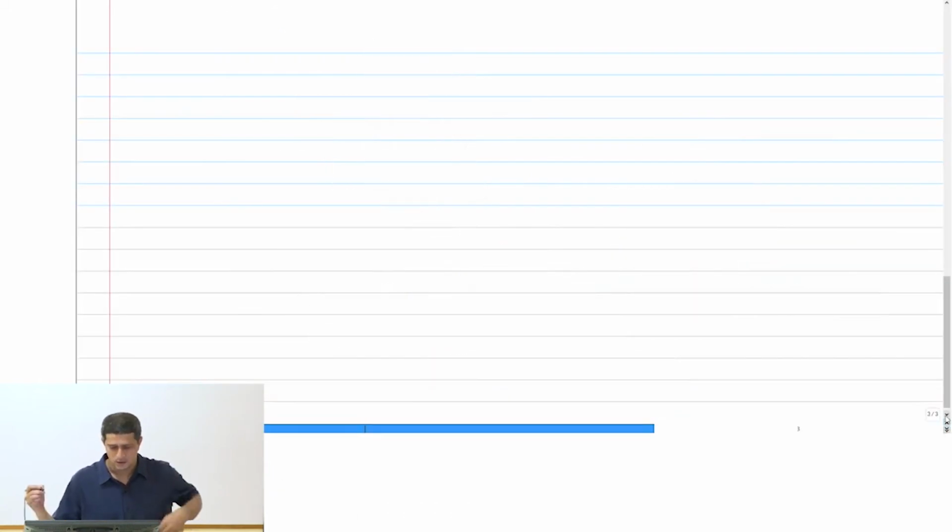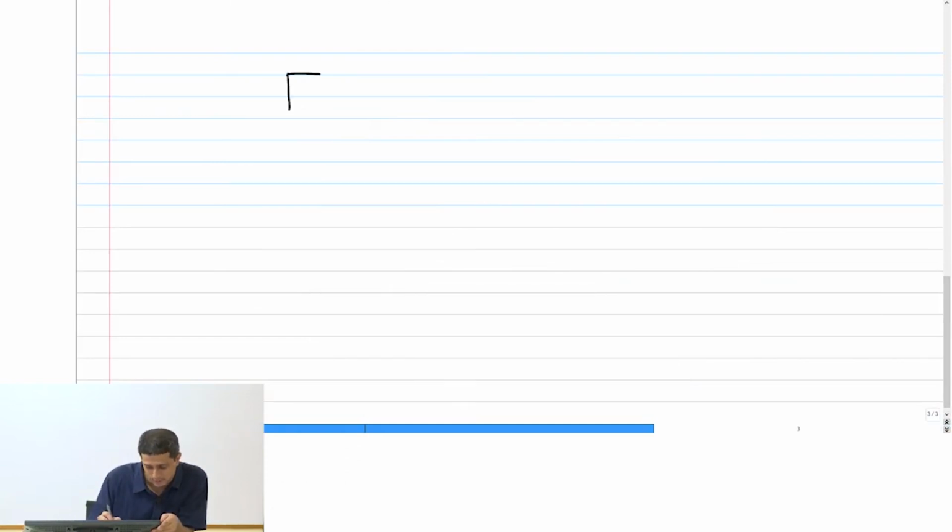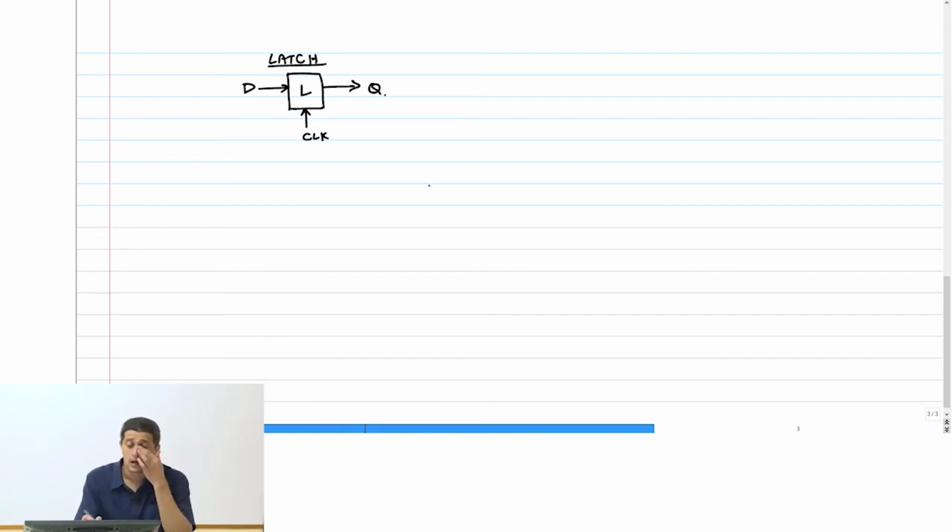Okay. So now we will also look at what a latch based system is. Latch. So I have a clock. L. So this is B, this is Q. A flop is edge triggered, a latch is level triggered, right?